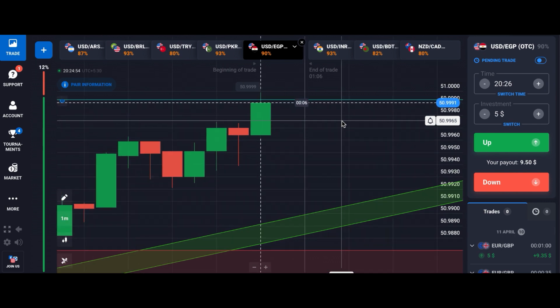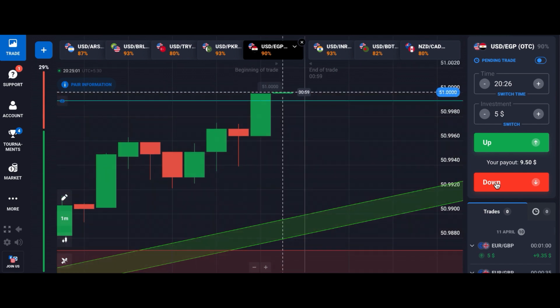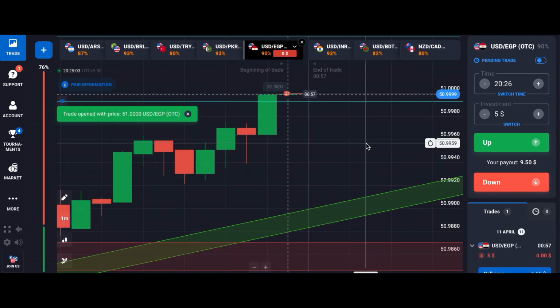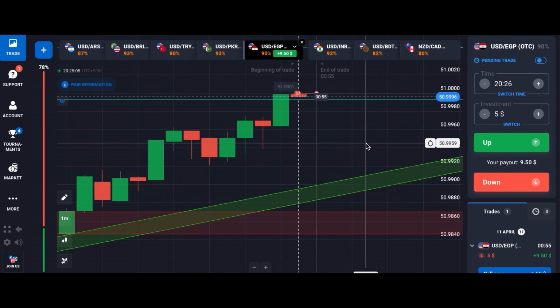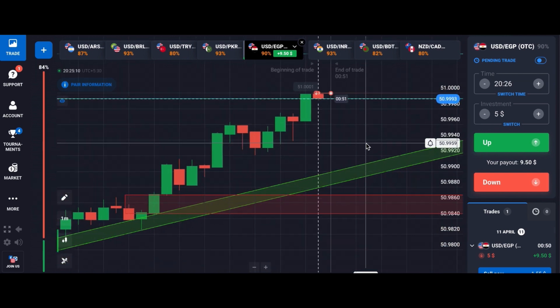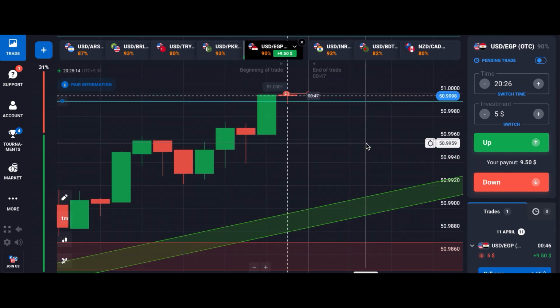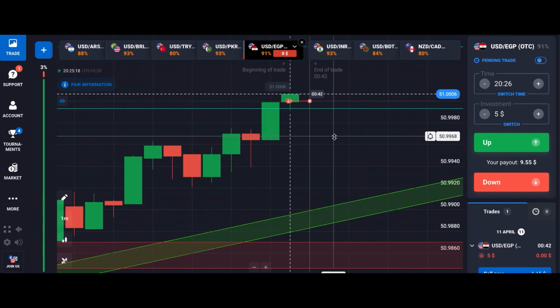Okay, it has touched and is getting rejection from here, so I am going to take a trade in the down direction for 1 minute. Okay, now let's see what happens to this trade.